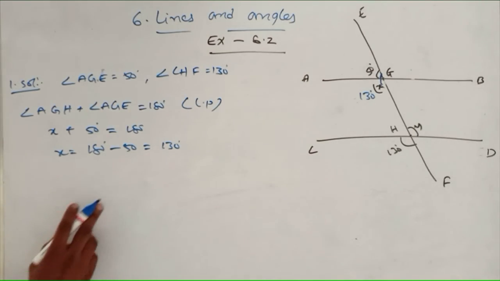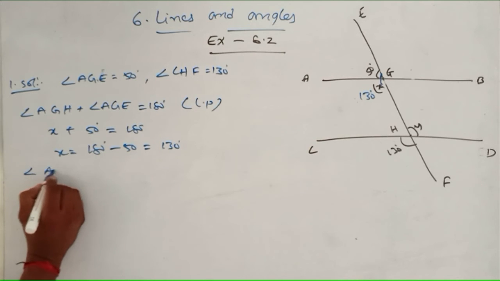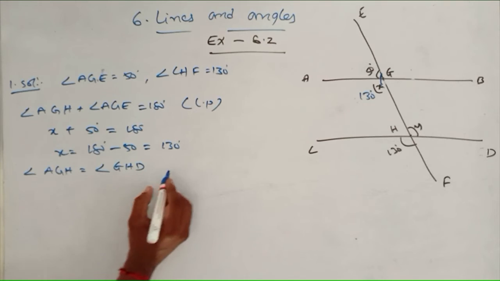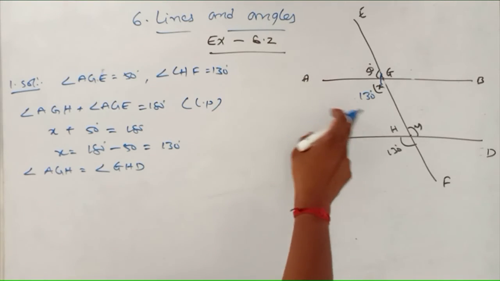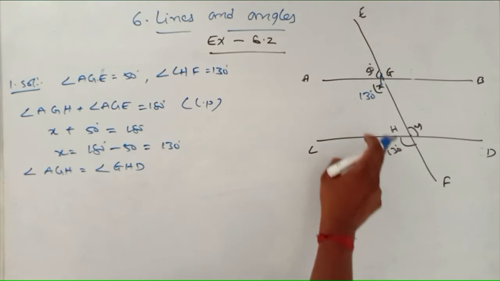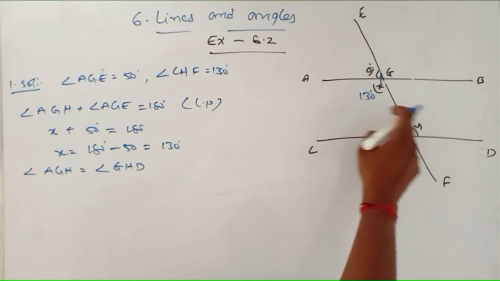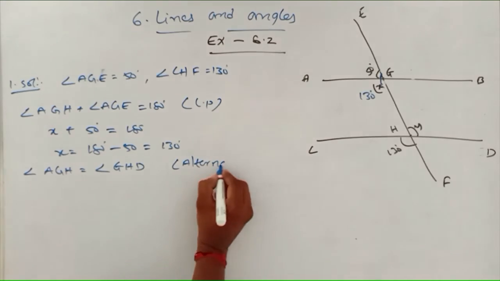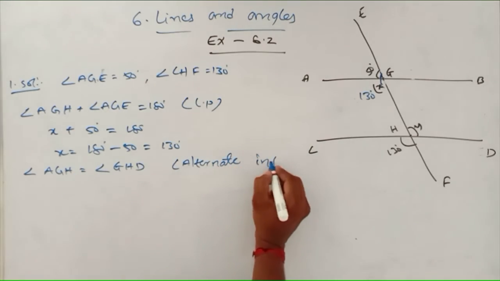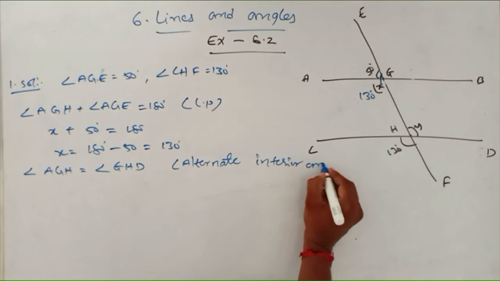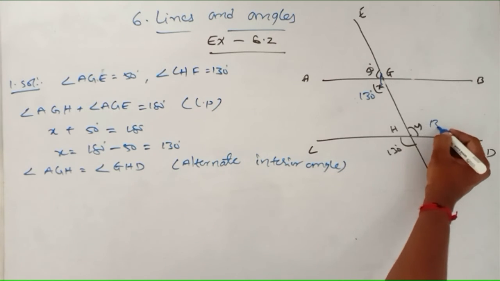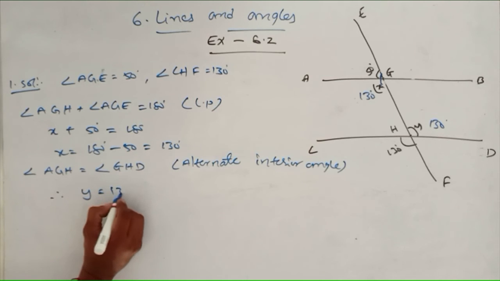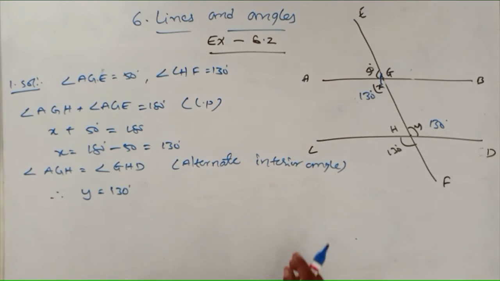In the same way, angle AGH is equal to angle GHD, because these are alternate interior angles. Now it is 130 degrees. So therefore y is equal to 130 degrees.